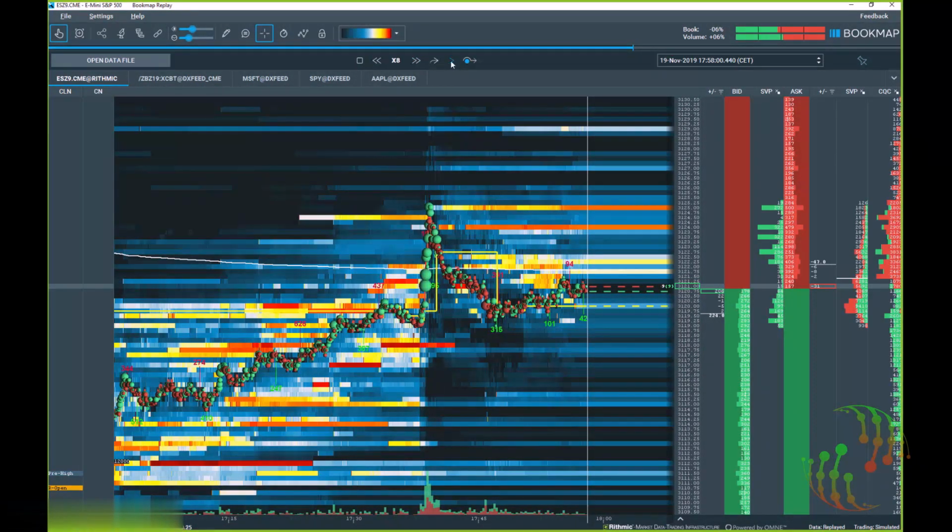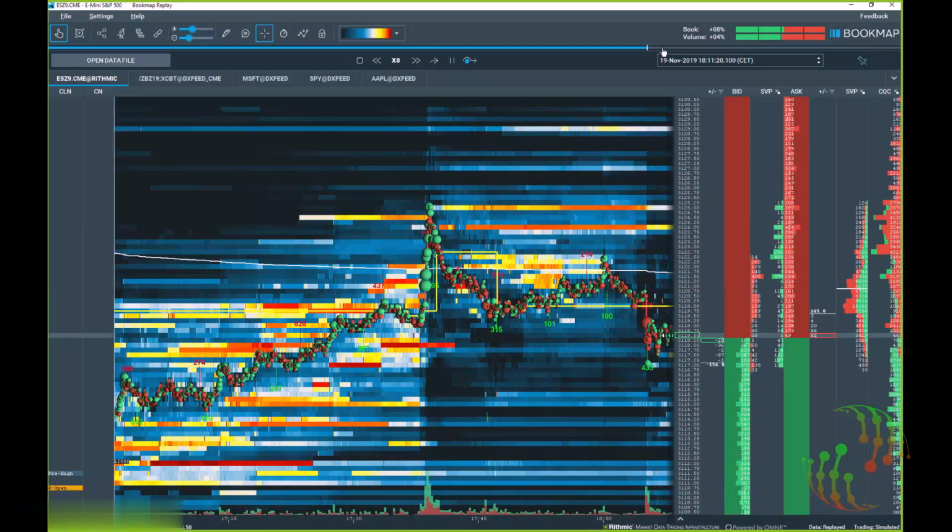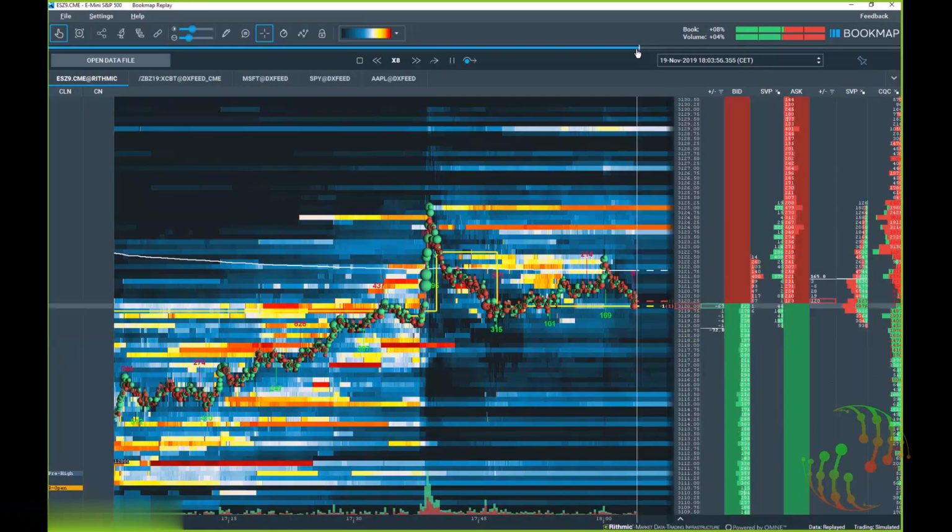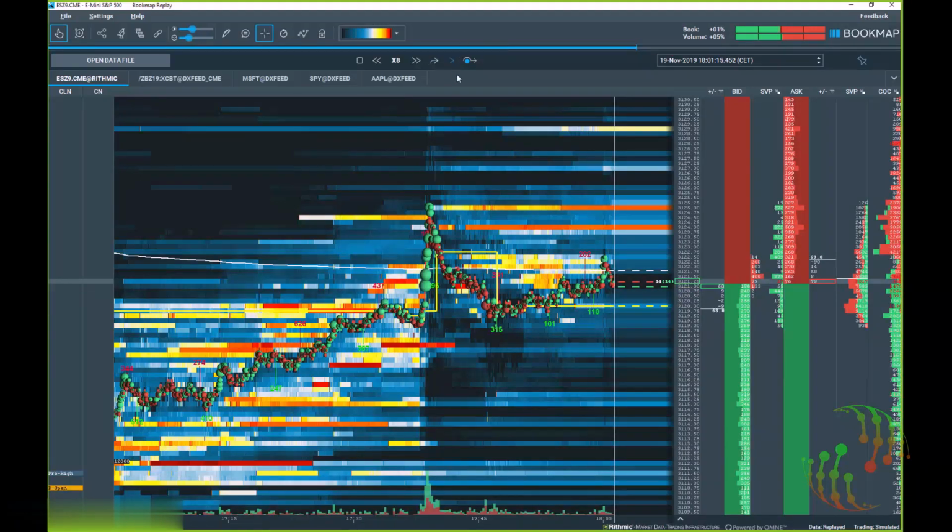Let me find the other one here. I'm not sure. Let me jump a little bit to save time. I think it was this one I wanted to show you. This is 1804. You can also jump in seconds and tenths of seconds if you place your cursor into this timestamp here, and then click gently on these arrows.